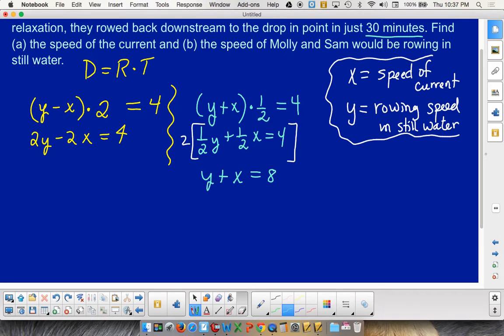And the other one, when I put the 2 together here, then I'm going to actually have 2y minus 2x equals 4, and y plus x equals 8. Since on the last problem I did substitution, let's do this one by elimination. So do you want to eliminate x's or y's? Boy, I'd jump on that one. I would do my x's because they already have opposite signs. So I'm taking this one times 2 to make my x's eliminate.